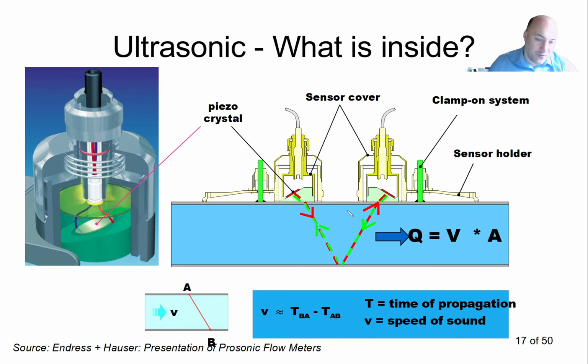And then if we know the cross-section of my pipe, we multiply the speed by the cross-section, and we get the flow rate. So this is again based on measuring the speed of my fluid. Of course, it will be temperature dependent, because the speed of sound will depend on temperature. So at some point we will need to measure the temperature of the liquid as well.